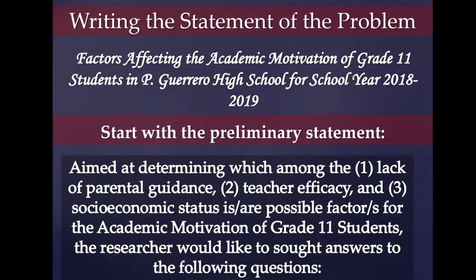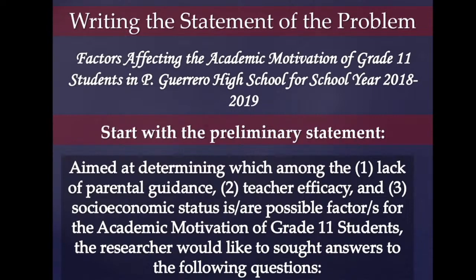Remember this. Now, the statement of the problem or SOP comprises two parts. We have the preliminary statement and the series of research questions intended to be answered after the conduct of the study. Let us look at the title again and the corresponding preliminary statement.